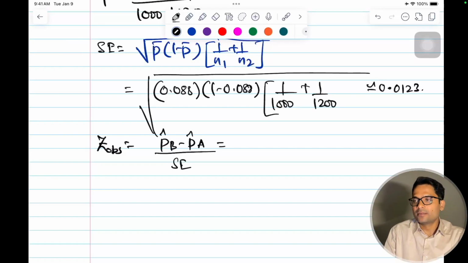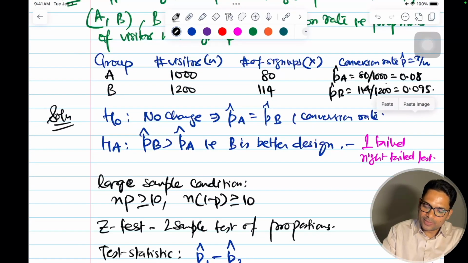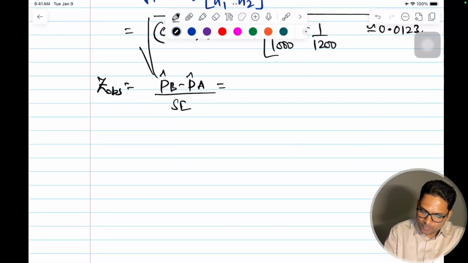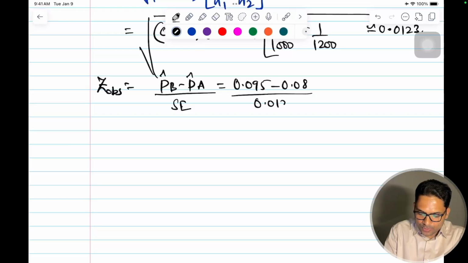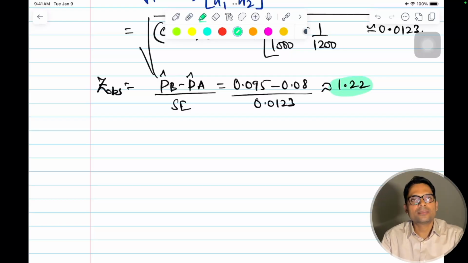My PB we calculated earlier: 0.095 and 0.08. So 0.095 minus 0.08 over the standard error 0.0123. This will approximately come out to be 1.22. So this is your final Z observed.